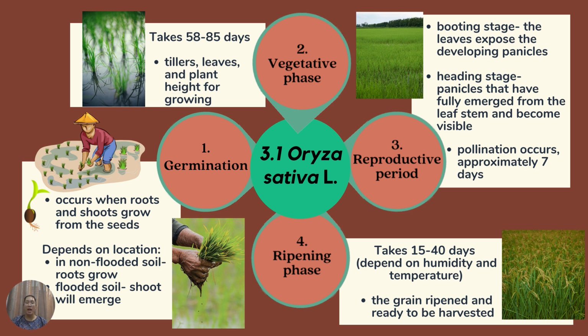The pollination occurs approximately on the 7th day. The final stage is the ripening period, when the grain is fully ripened and ready to be harvested, which normally takes 15 to 40 days, depending on the humidity and temperature.